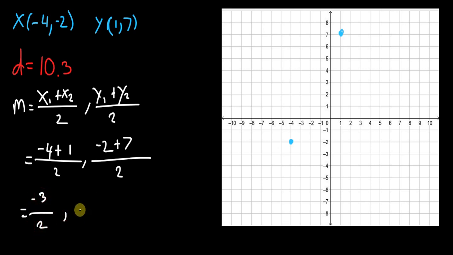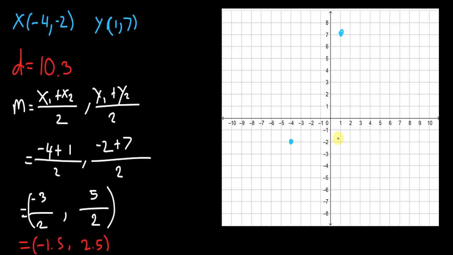And -2 plus 7, that is 5 over 2. So, ang midpoint is -3 over 2 and 5 over 2. And kapag kinonvert natin yan sa decimal, so -3 halves, that is -1.5. And yung 5 over 2, that is 2.5.